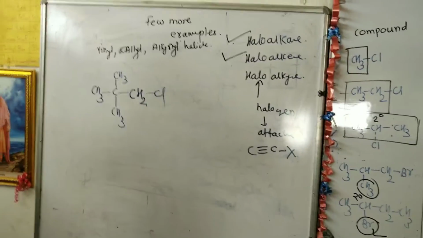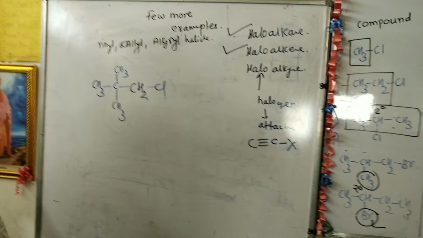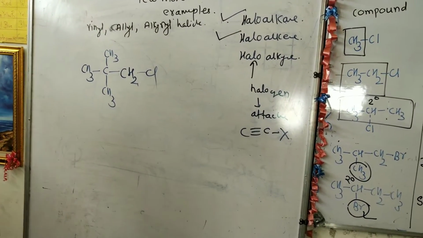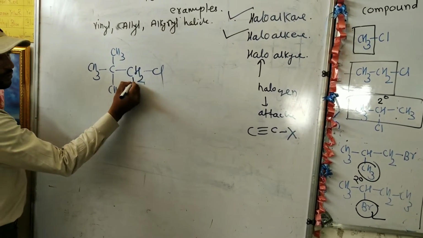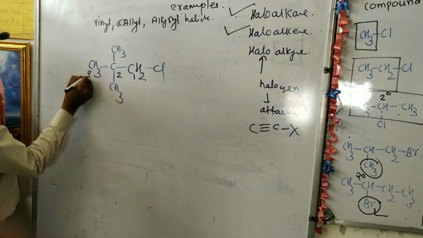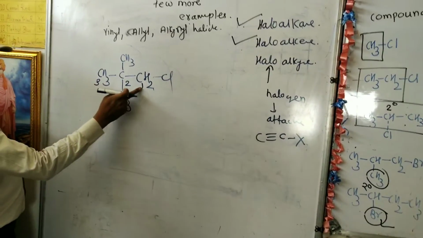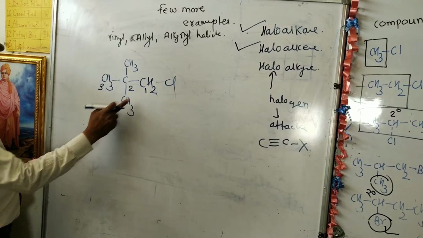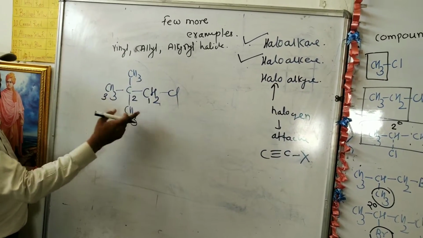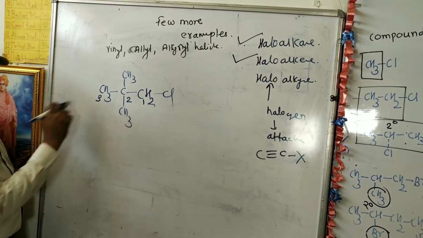What is the rule? Select the longest chain from where halogen is near. That's why I have selected from this side, 1, 2, 3. From anywhere we get the 3 carbon maximum chain.